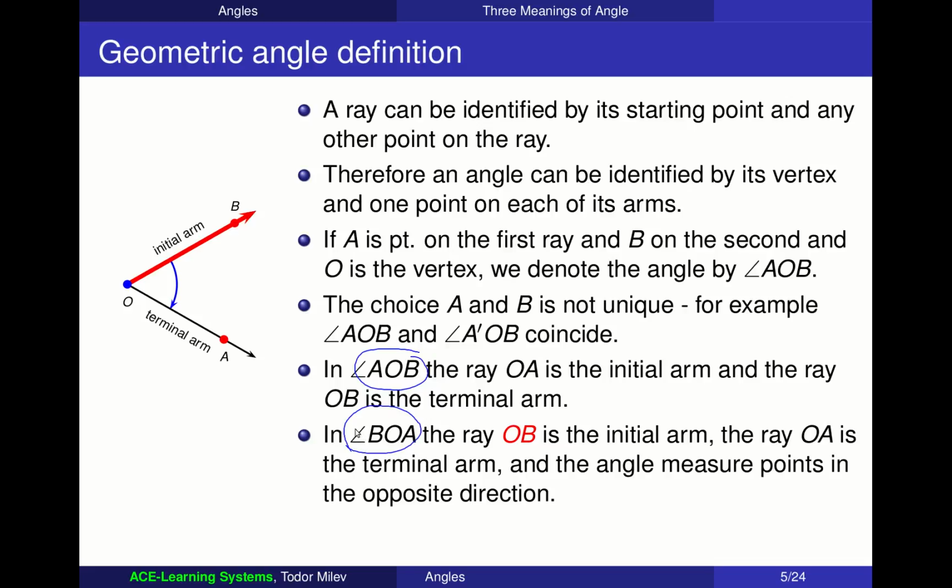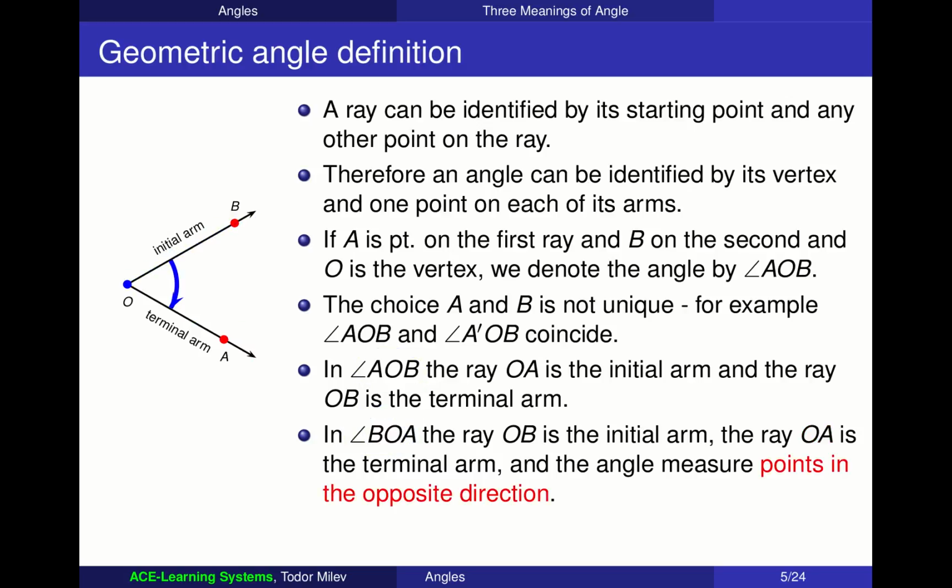So if I take the angle BOA, then the initial arm would be BO. So this would be the initial arm here. The initial arm and the terminal arm would be swapped: OB would be the initial arm and the terminal arm would be OA if I were to write the letters in the opposite order.